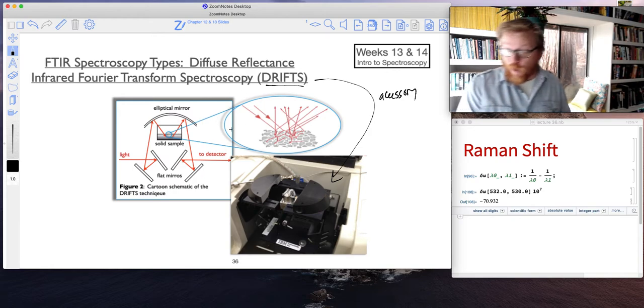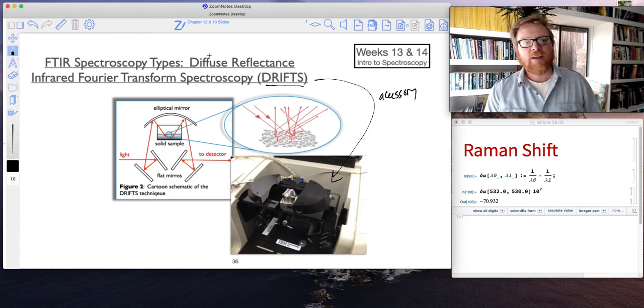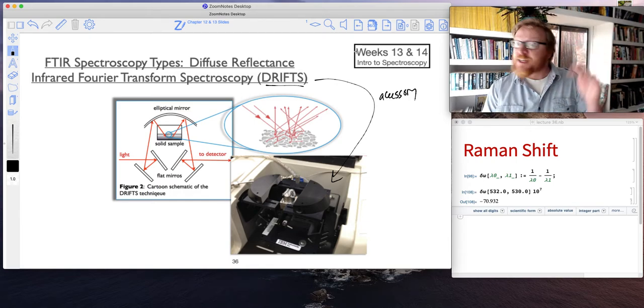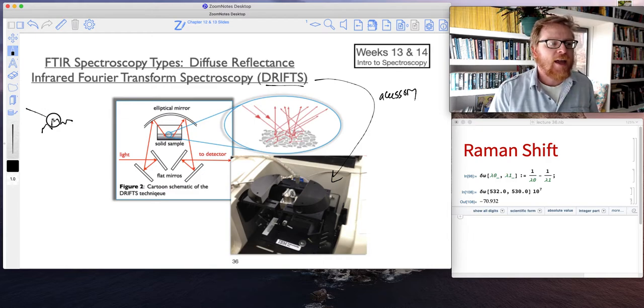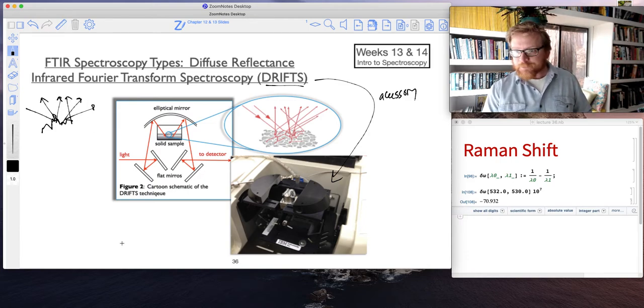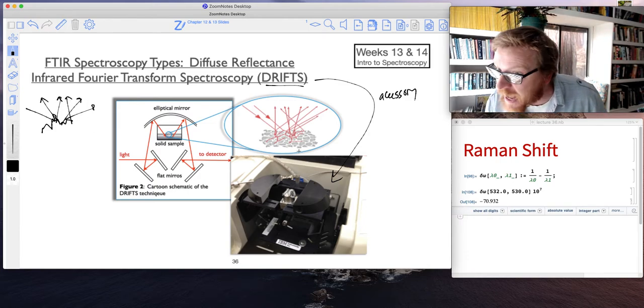And so again, recalling our photophysics, diffuse reflectance, right, is when we have non-specular reflectance, right? So we have a rough surface, and as each beam of light comes in, it scatters off of the surface normal. Okay, and you can see that that's being highlighted here.